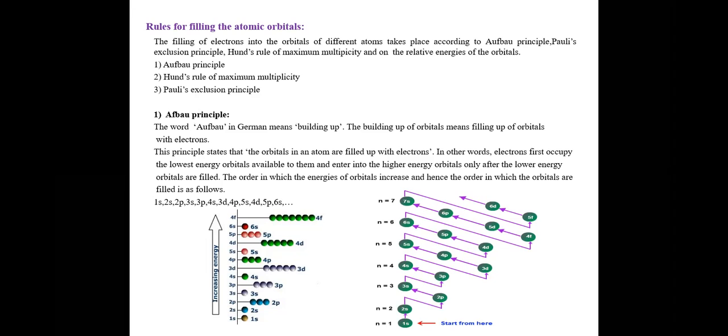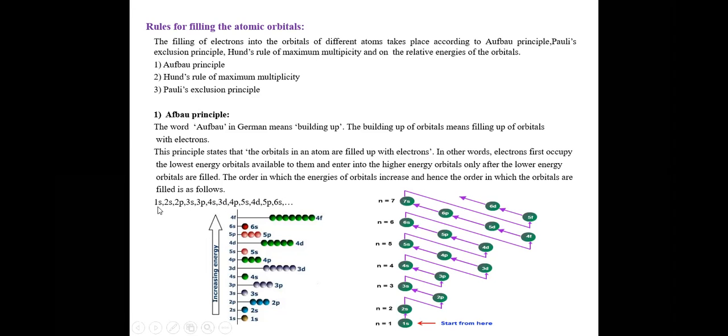We have to fill the lower energy orbitals first, then we have to go for the higher energy orbitals. The order in which the energies of the orbitals increase, and hence in which the orbitals are filled, is as follows. That is, the order in which we have to fill the orbitals with the electrons, and the energies of the orbitals, are given below.